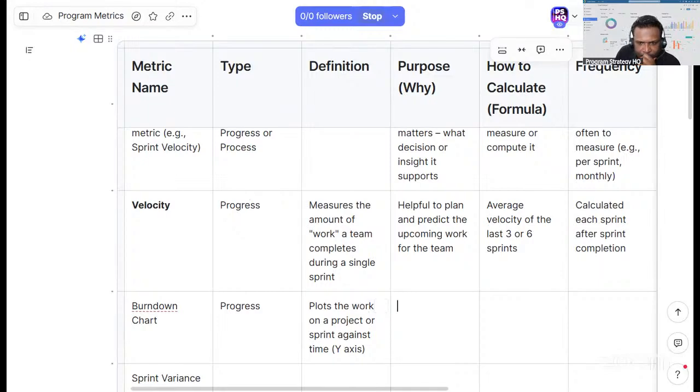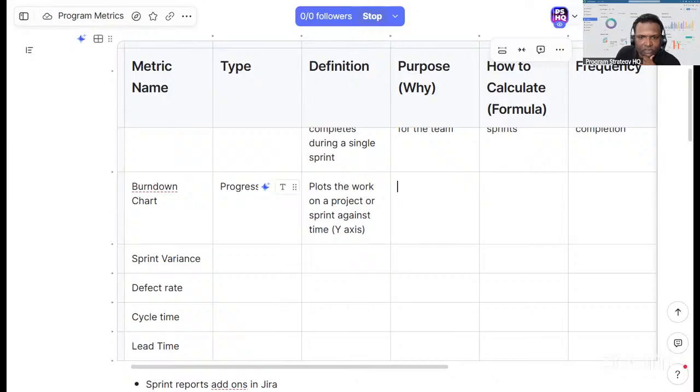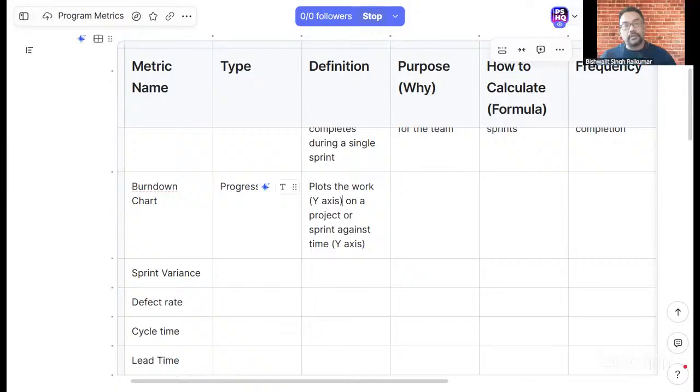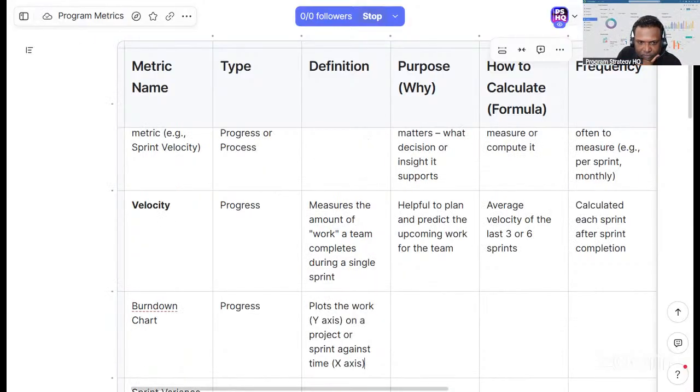Okay. While Vishwama joins, the burn down chart, progress, plots the work on a project, work on y-axis. Yeah, now I can hear. While you're away, I tried to do it for velocity.